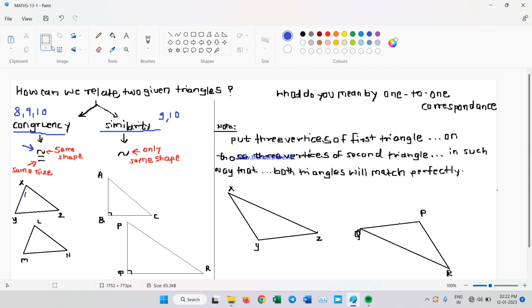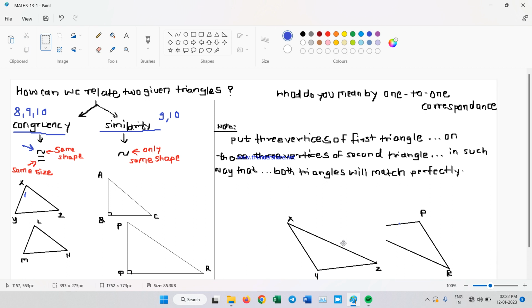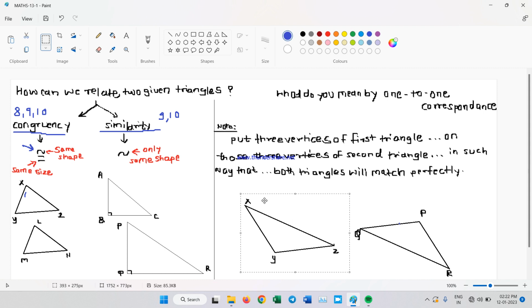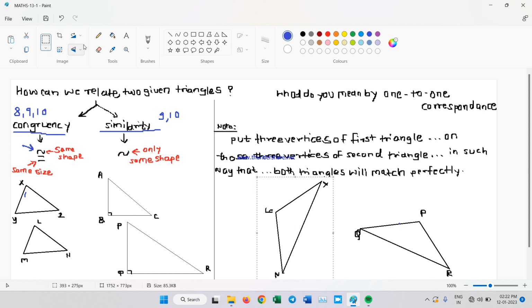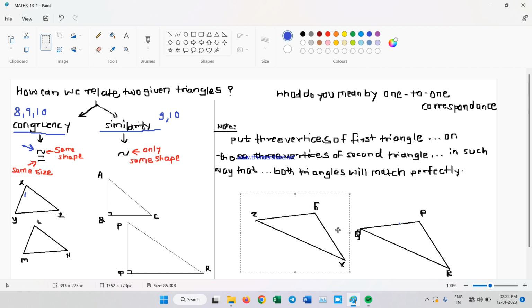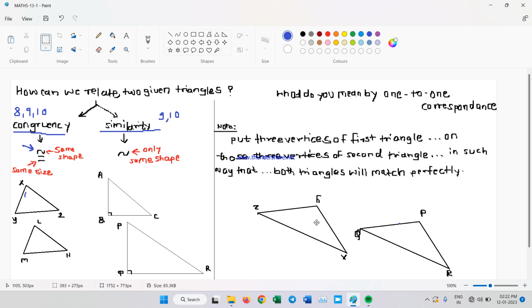To explain this, look, if I place XYZ as it is on PQR, obviously it is not going to match with the shape, right? They are not matching the shape. But suppose I rotate it slightly, one more time, now you see they are perfectly matching. Their shapes are perfectly matching.